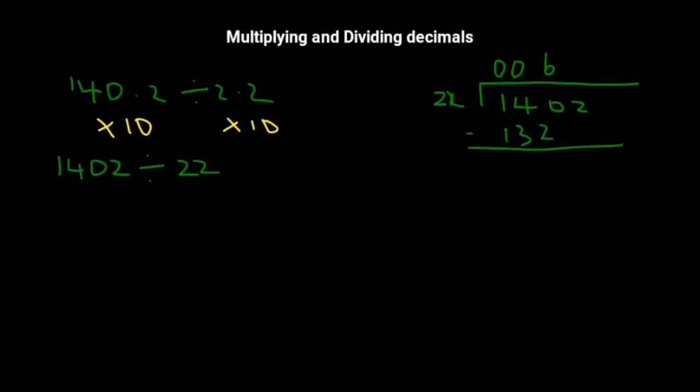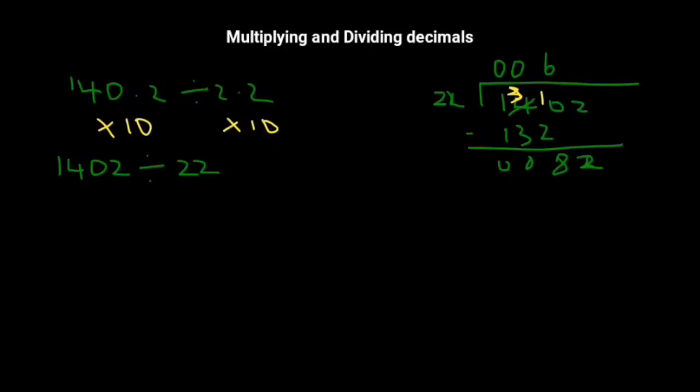So our 2 would come down, and then we have 2 from 0, which cannot go, so we have to borrow 1 from the 4, which gives us 3 remaining, and then our 0 becomes 10. So 2 from 10 would give us 8 remaining, 3 from 3 is 0, and then 1 from 1 is 0.